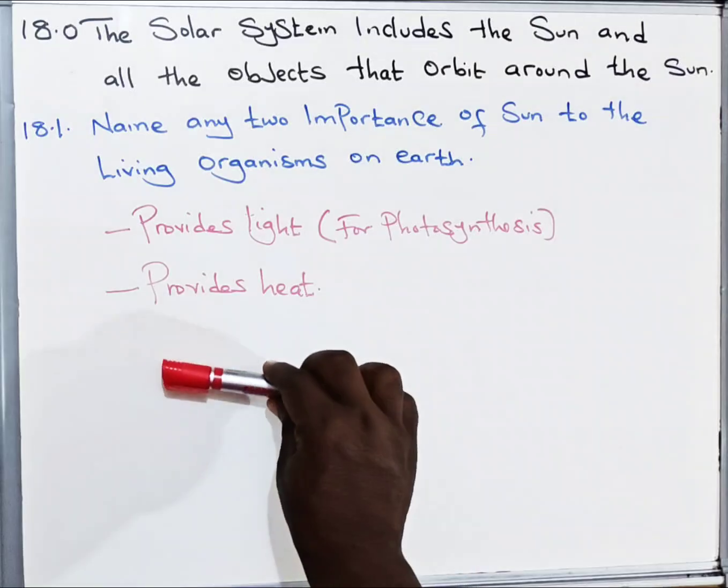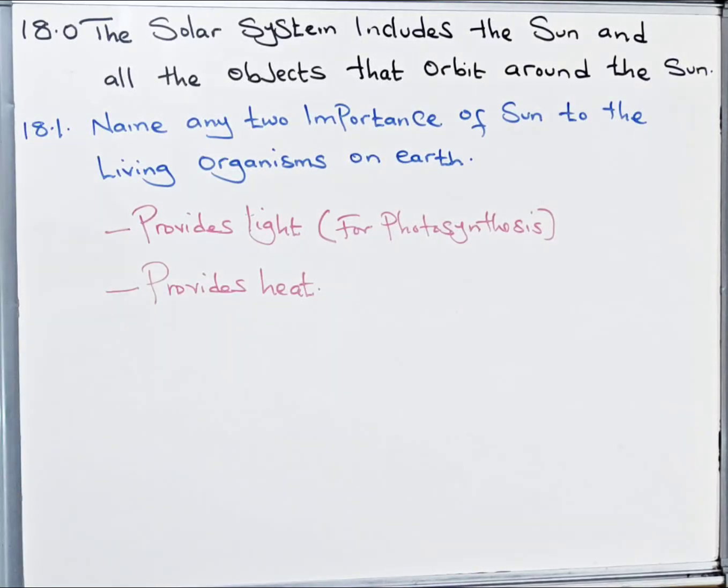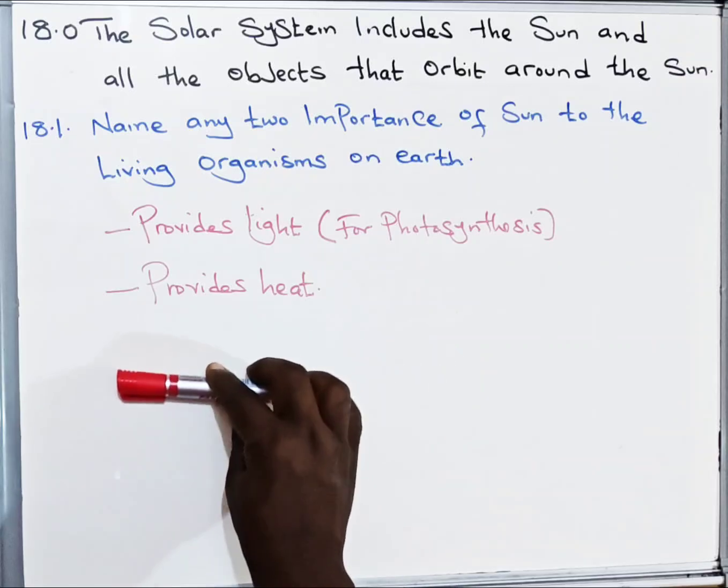So this one has to be moderated, because if you are very close to the sun, the heat is too much that life cannot be supported. And if you are very far from the sun, the heat is so low that the environment is too cold to support life. So this one has to be balanced.